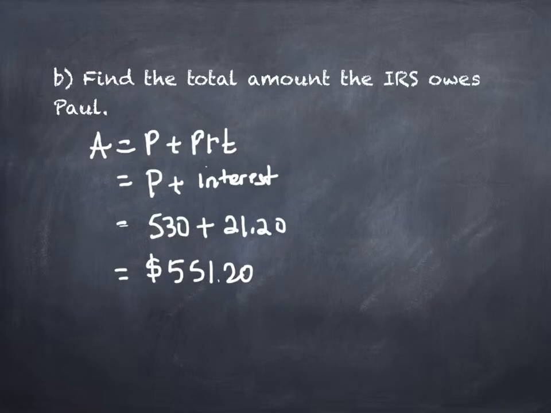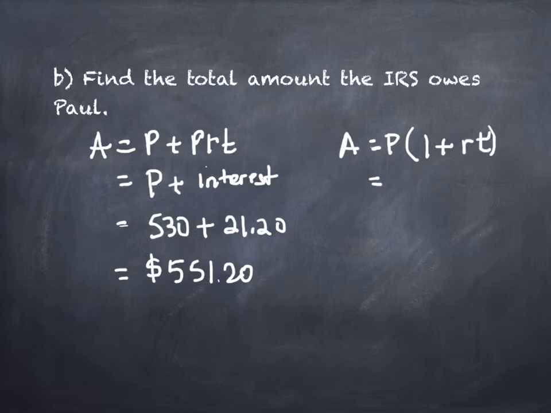Now, that's not the only way to do the problem. If we had not found Part A, that is to say, if we didn't already know the interest going into Part B, the other formula would be a little more helpful to use, because it gets the information in a quicker step. I would take A equals P times 1 plus RT.